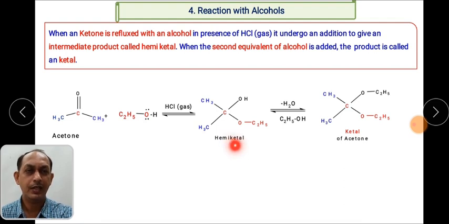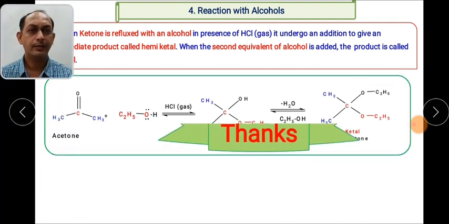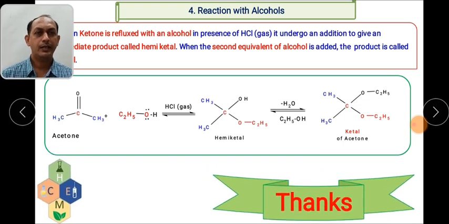If this hemiketal again undergoes addition of a second molecule, they will form ketal. So this is how we can prepare hemiketal and ketal. This is a ketal obtained from acetone, that's why it is called a ketal of acetone. This is just the addition we have seen in case of aldehyde and ketone.